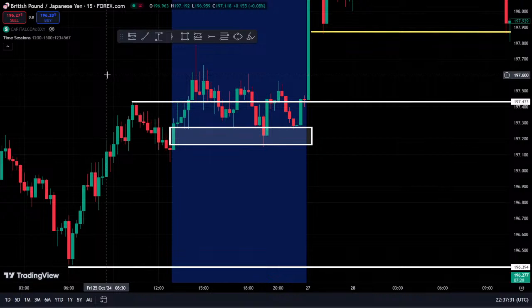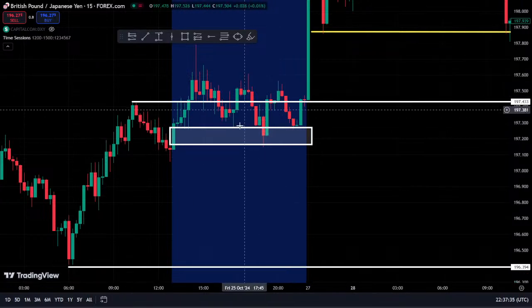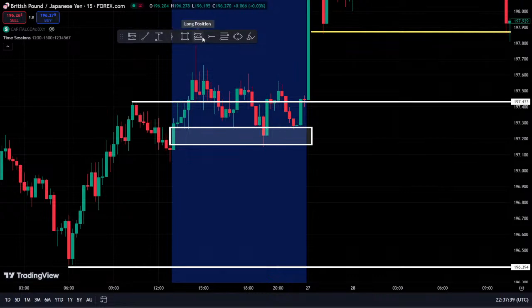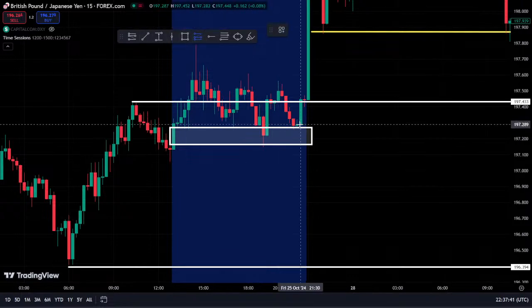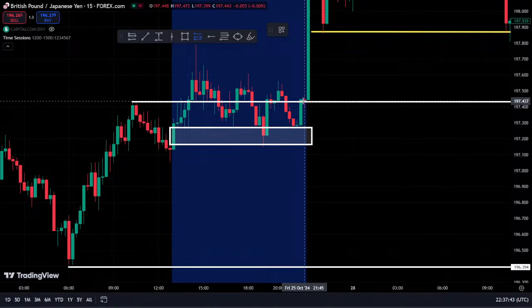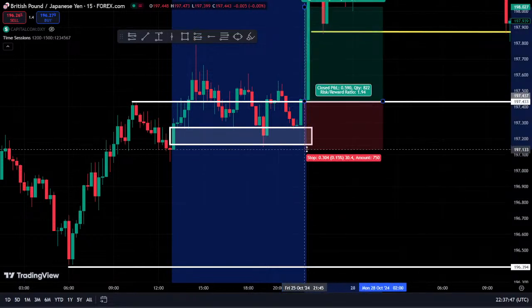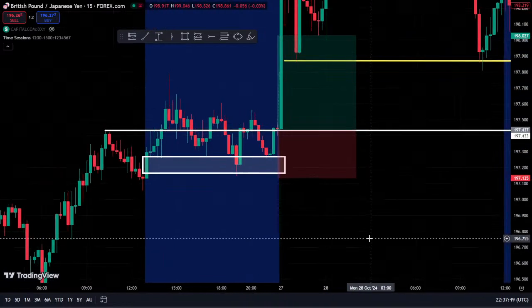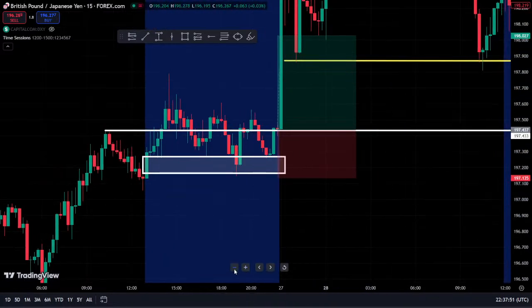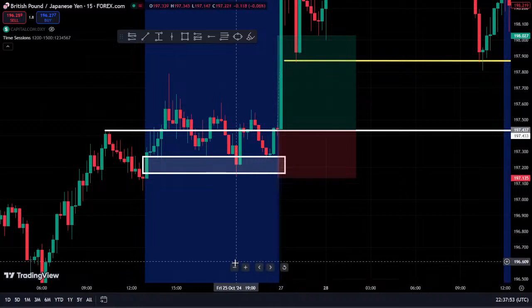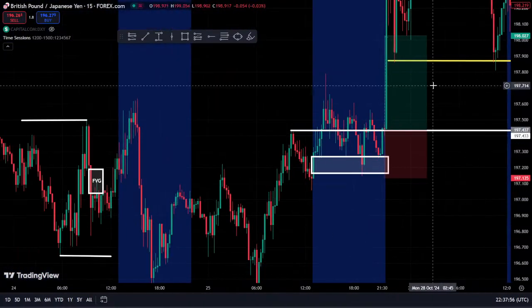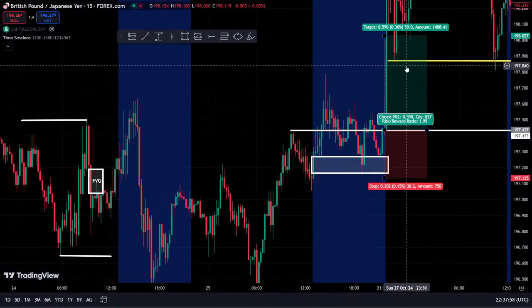Judging from this, so far it hasn't broken through, so you could go long here. You put it just under the fair value gap, and for the target you look for areas of liquidity. So far it would just be this.